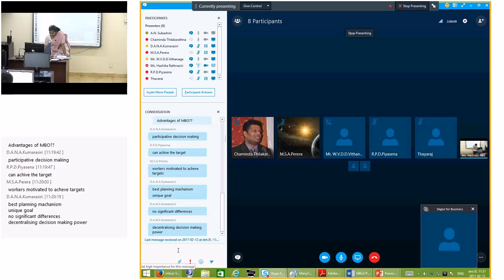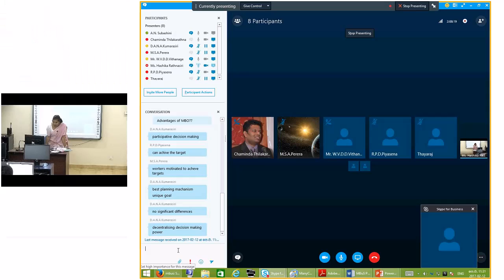Yes, good. Decentralized decision making style. What we call the democratic style. In the autocratic style, all the decisions are centralized. But under the TQM process, we give the employees power, the decentralized decision making style. Then they can make some decisions accordingly with the process.